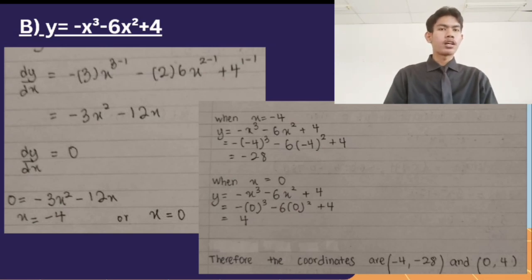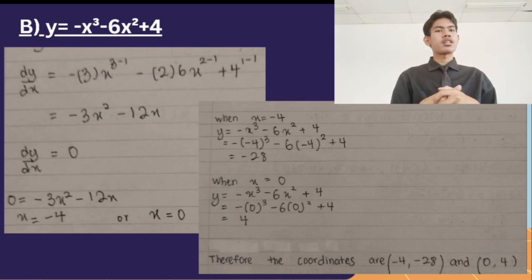The next step is when s equals negative 4, we must substitute s with negative 4. So y equals negative (negative 4) to the power of 3 minus 6 (negative 4) to the power of 2 plus 4, and we get the answer negative 28.